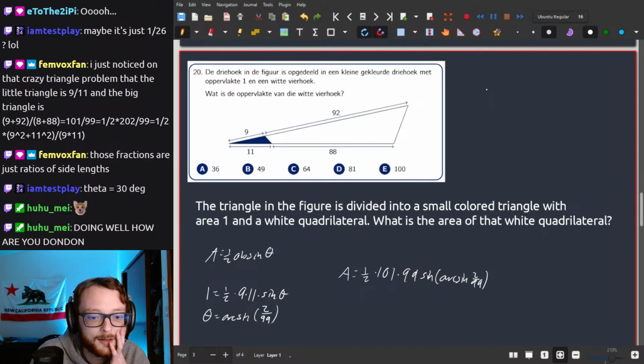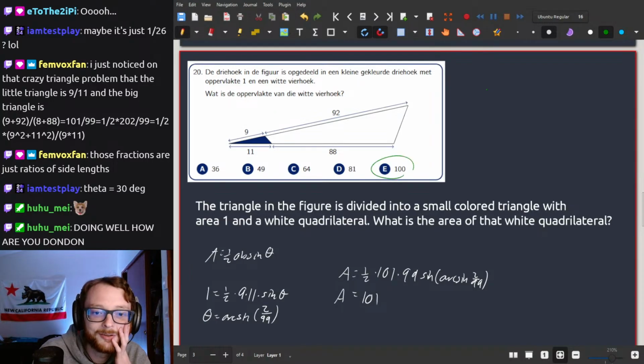Oh, haha. 101? Is the area 100? I think it's 100.